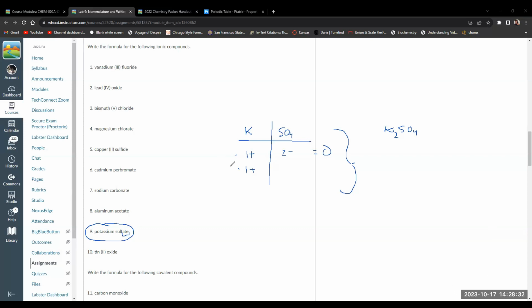Do you guys know where I got the charge on potassium from? Do you guys know why it's +1? Okay. If not, I'll do a quick refresher. Let's go to our periodic table.